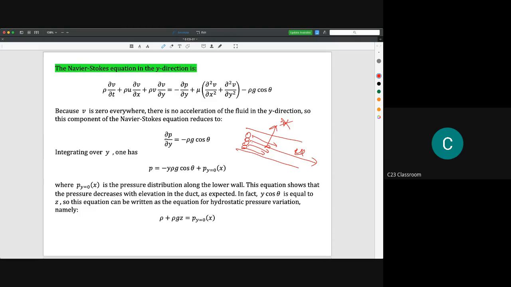And then because we have only dp over dy, when we integrate this one, we bring dy to the right-hand side. So we have minus rho g cos theta. Because we have a minus here and we integrate y with respect to y, you have minus y, and then you add p_x here, which means the constant of pressure at the x axis.